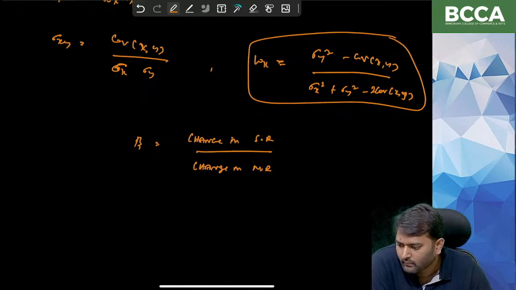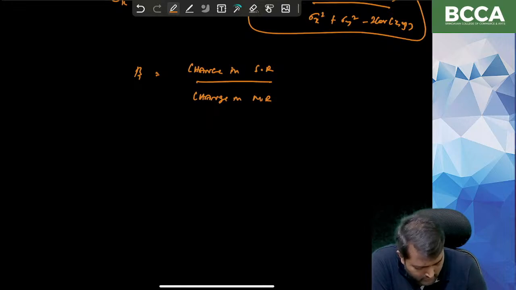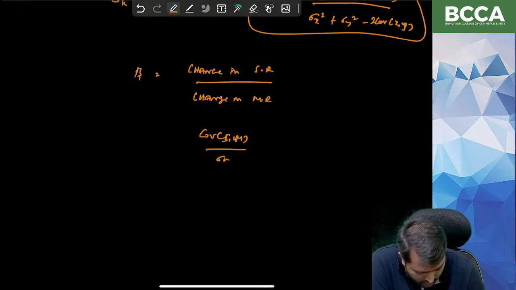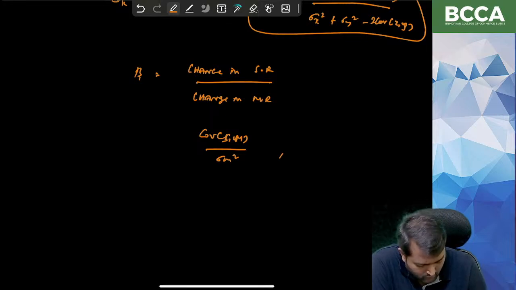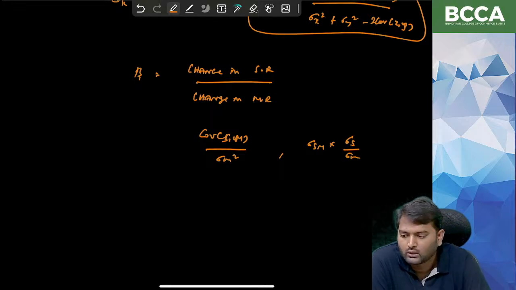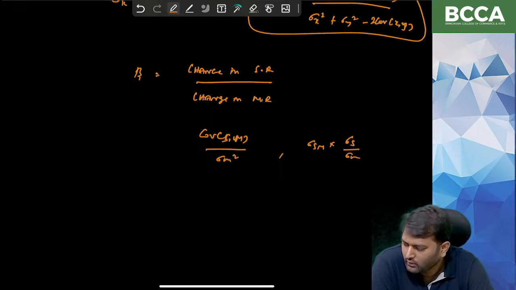Okay, done. Next, when more than 2 years of data are given, then covariance of S comma M divided by sigma M square. Okay, what is the second? Sigma Sm into sigma S divided by sigma M, that is, covariance of security and market into standard deviation of security divided by standard deviation of market.